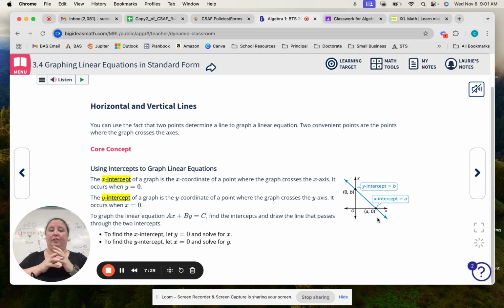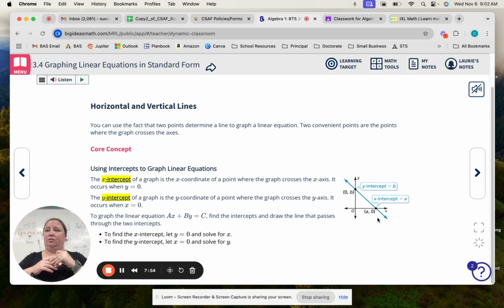To graph a linear equation in standard form, you have ax plus by equals c. You have to find the x and y intercepts, like you see on this little graph. They found the x and y intercepts, and then they graphed a line between those two intercepts. So it's the same thing as finding 2 points on your line and graphing that.